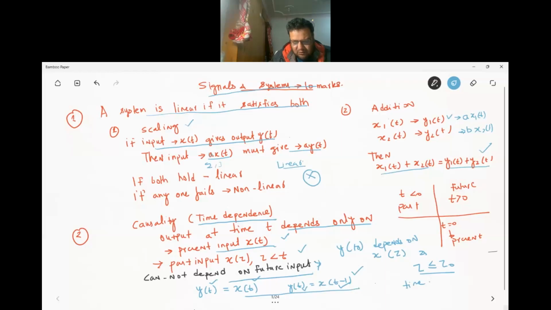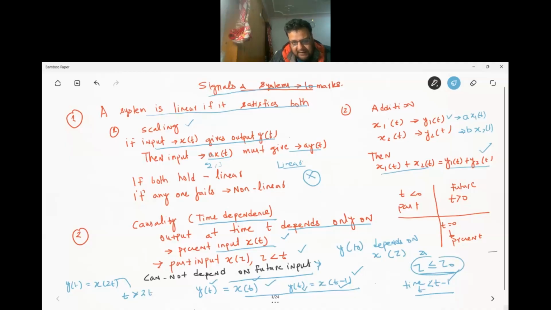This t minus 1 is always less than your actual time t. So this is also causal. But if you have a system like y of t equal to x of 2t, now you see the time 2t is greater than t, which does not satisfy this condition. It should be less than or equal.